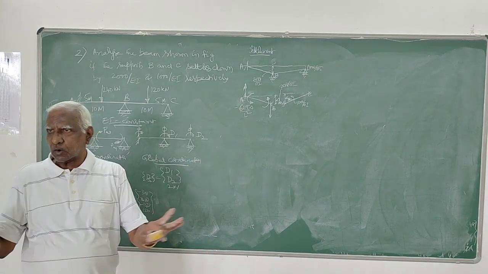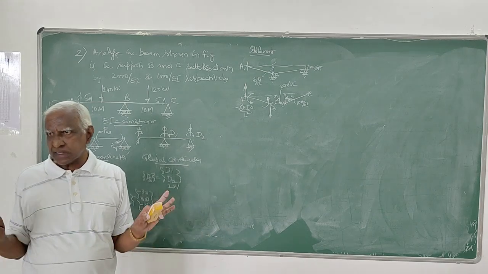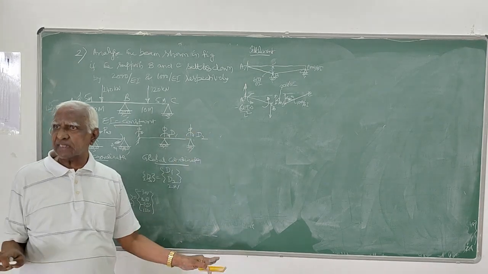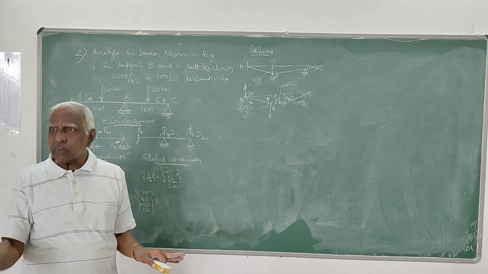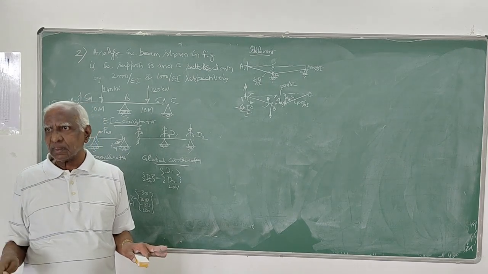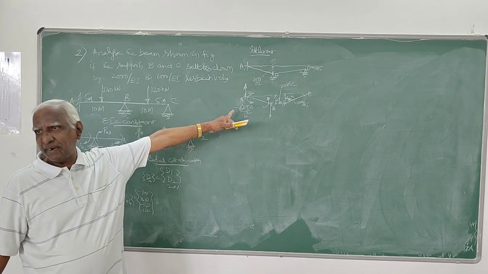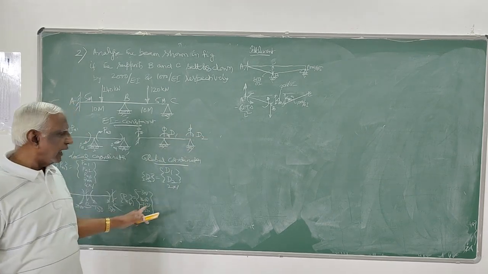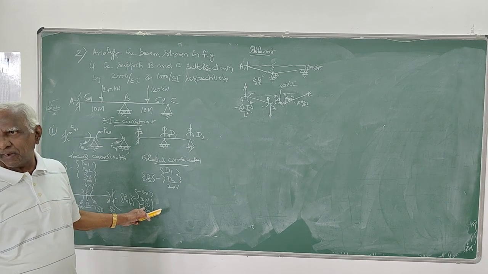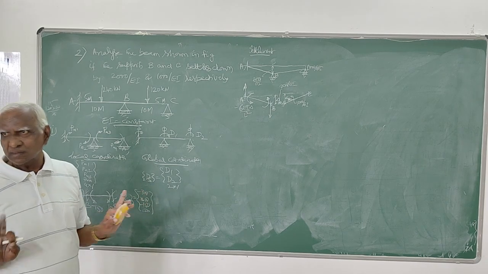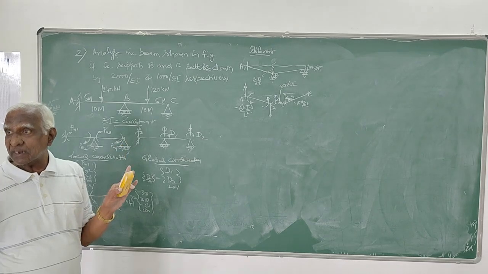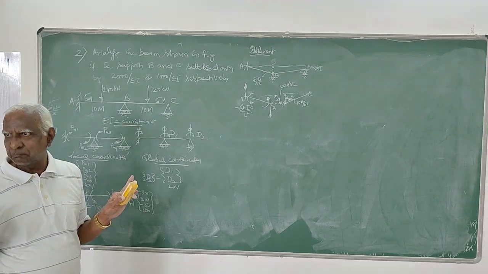Otherwise, beams will not undergo any sway. It is non-sway. But if settlement is given, it is sway. Due to that known sway, we have to find what the moment is. That moment is to be taken and added to the moment due to the given load. That's all the change whenever there is settlement of support.